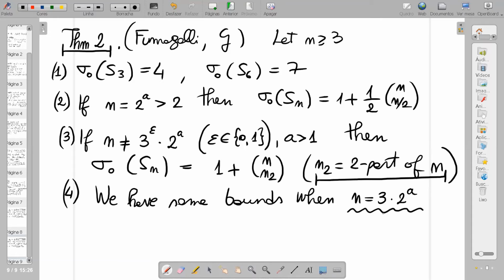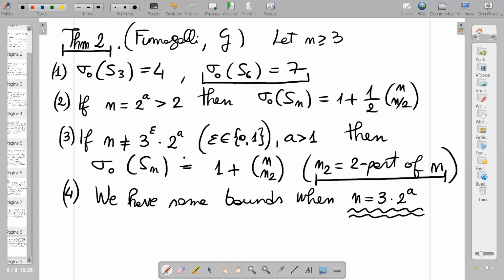This is what I'm saying: we essentially managed to compute sigma_0 of symmetric groups, except for this particular case here, which is a bit problematic. Of course, there are cases where we can do it, like 6, but in general it's more complicated.